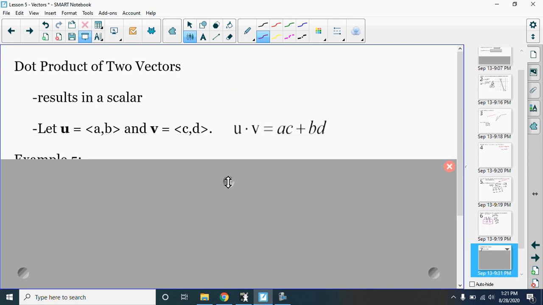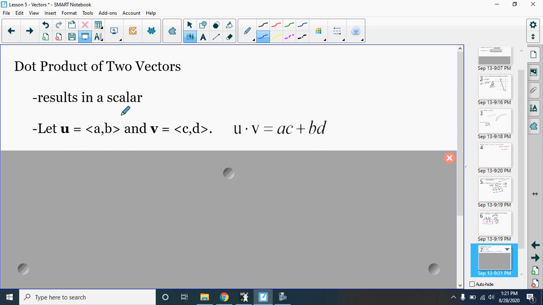And the way we do it, if we have vector u defined as (A, B) and vector v defined as (C, D), what we do is multiply the x components of the vectors together, multiply the y components together, and then add them up. The dot product of u times v is equal to AC plus BD.